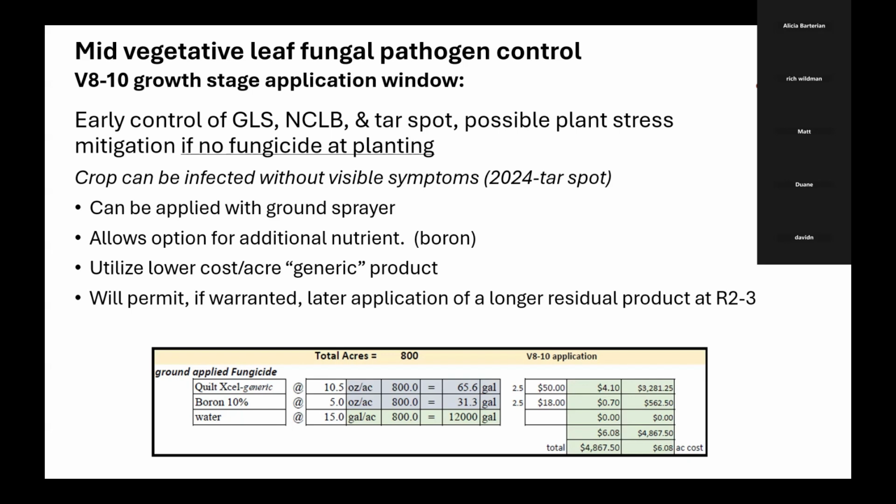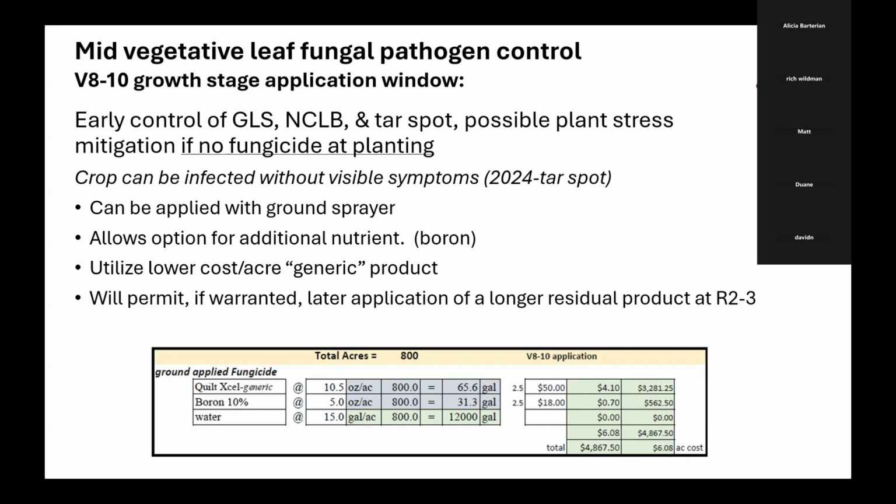We look at our early planted corn, everything that was put in the ground in late April, and we saw a lot of tar spot issues. Then we turned around and looked at the corn that was planted later, corn at the end of May, and that disease pressure was much less than in that July timeframe.